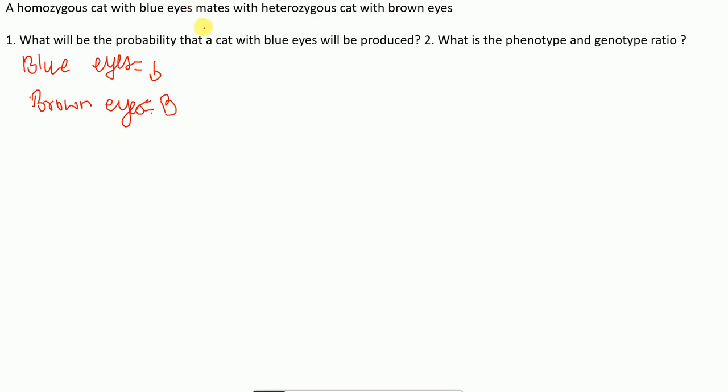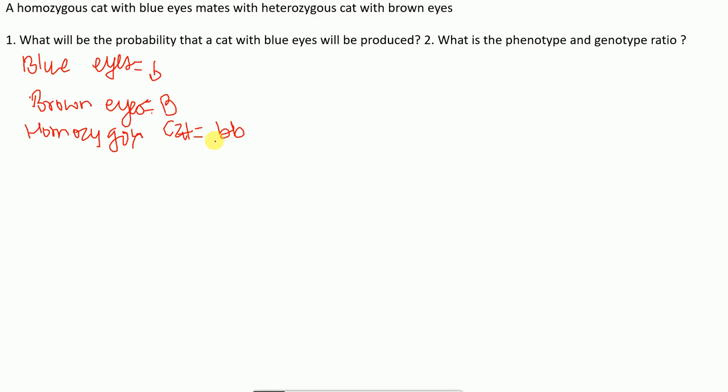So we have a cat with blue eyes. What kind of cat is that? We have a homozygous cat with blue eyes. A homozygous cat with blue eyes will be small b and small b, because it's homozygous, and small b is a recessive trait.